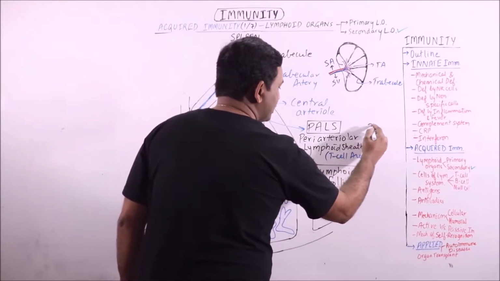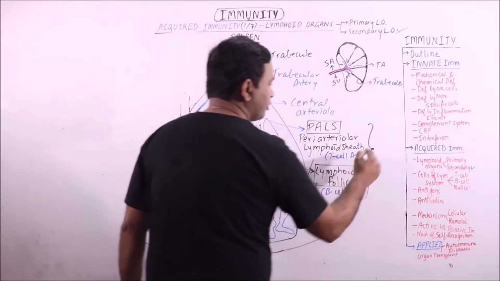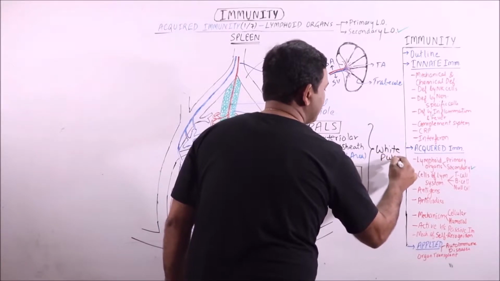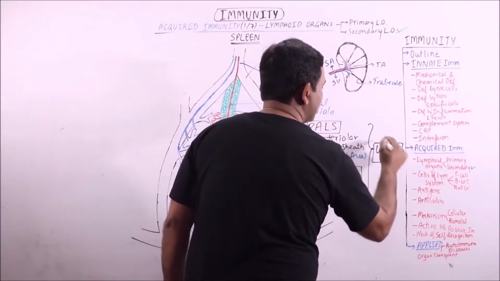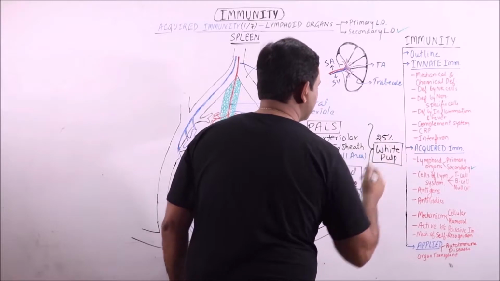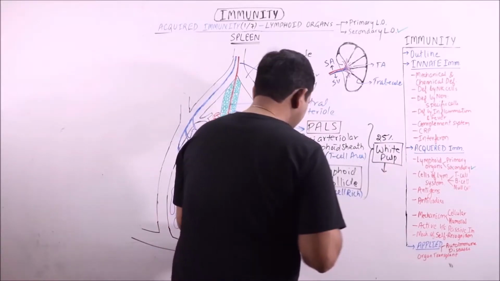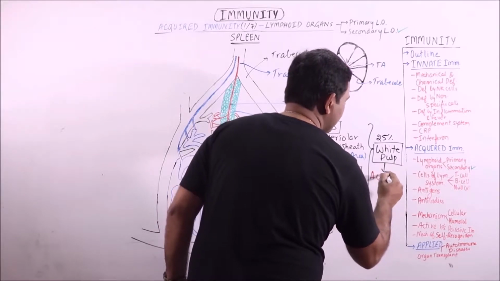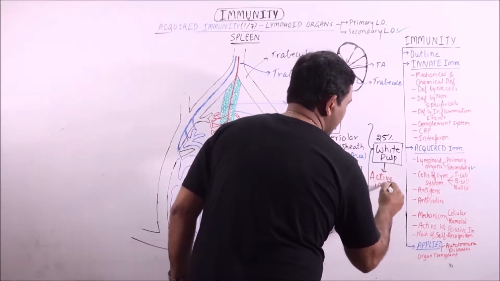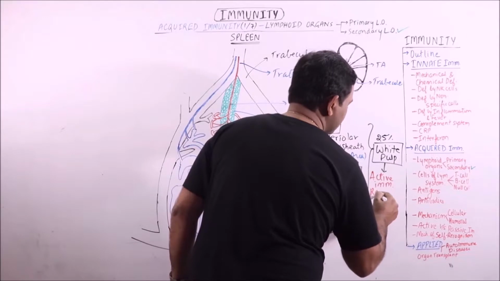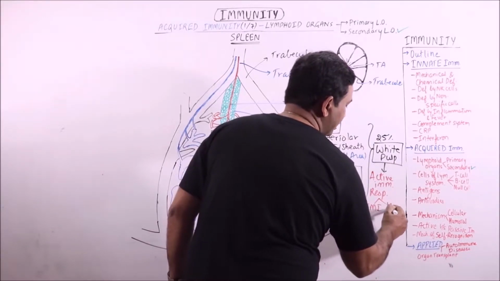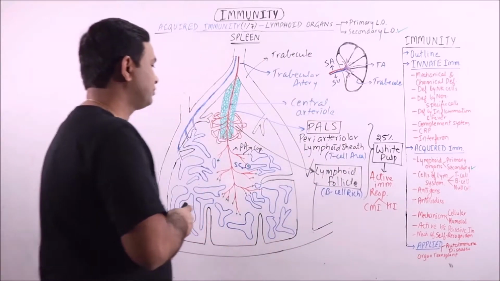This periarteriolar lymphoid sheath and lymphoid follicle represent the white pulp, which forms 25% of the spleen, and it gives an active immune response by cell-mediated immunity and humoral immunity.